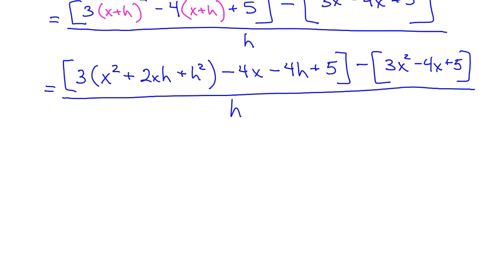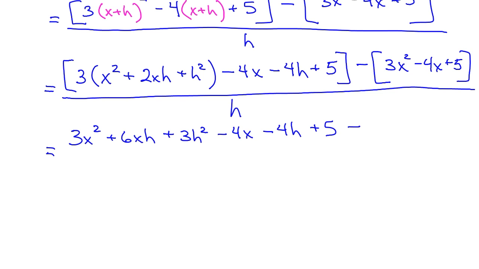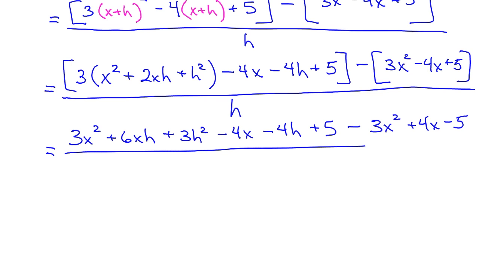Next, I'll distribute the 3 and this negative on the right side. So on the left side we get 3x squared plus 6xh plus 3h squared minus 4x minus 4h plus 5. Distribute the negative, get negative 3x squared plus 4x minus 5 over h.